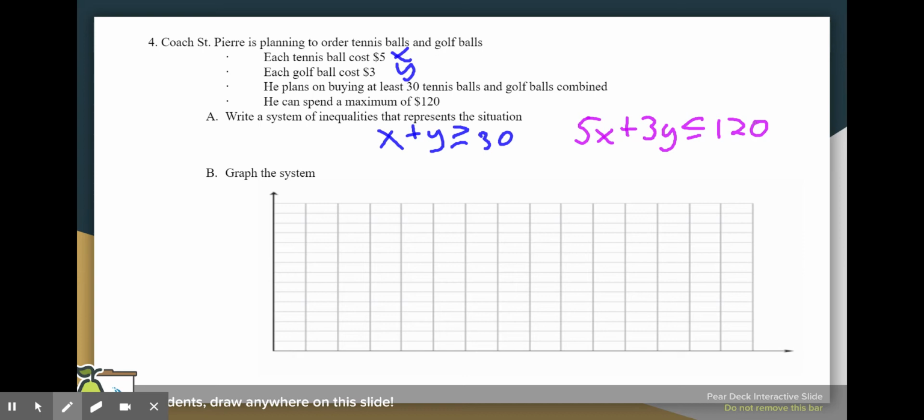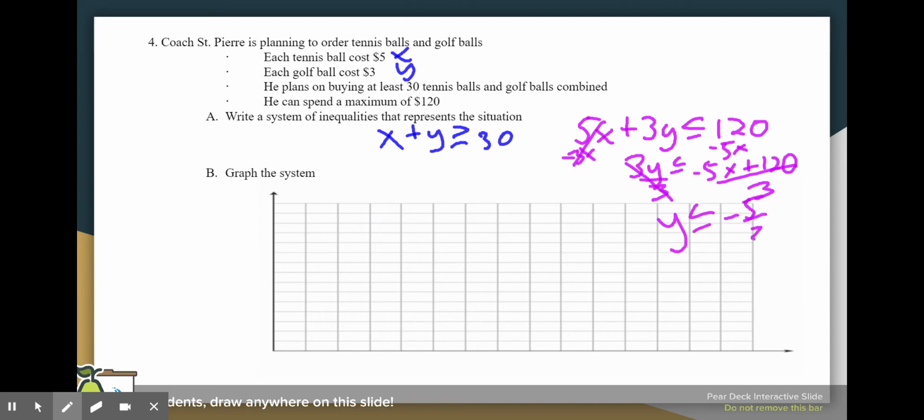And they want us to graph them. To graph them, we know that we need to put them in slope-intercept form. So I'm going to subtract 5X from this one. So I get 3Y less than or equal to negative 5X plus 120, and divide by 3. So I get Y less than or equal to negative 5 over 3 X plus, and then I divide 120 by 3, which should give me 40.